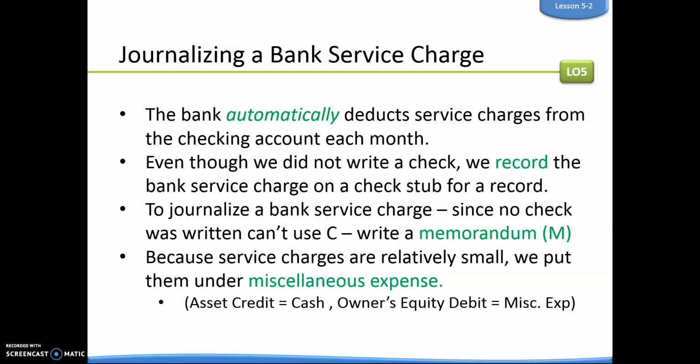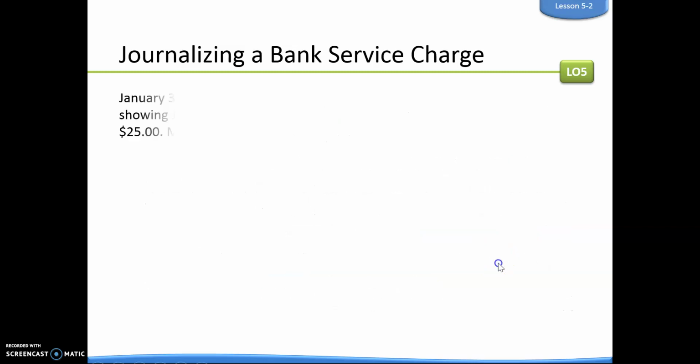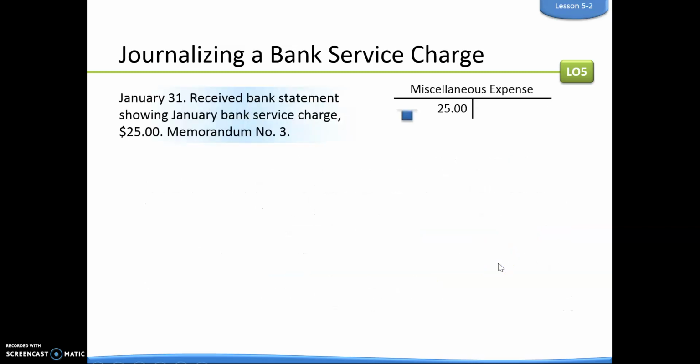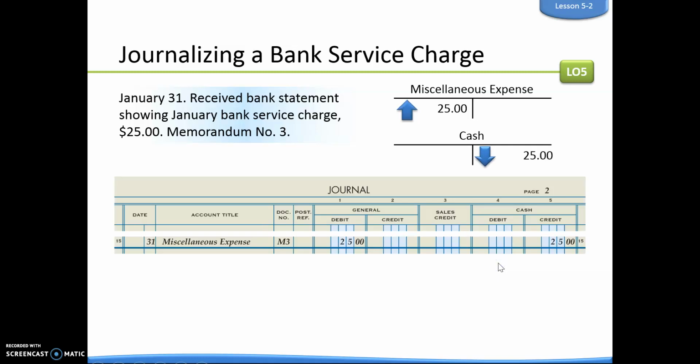Remember, though, that we never wrote a check for this, so we can't use a C. Instead, we're going to use a memorandum or an M. Typically, because service charges are so small, we put them under miscellaneous expense. So miscellaneous expense is going to be debited, and cash is going to be credited. And we're just going to plug that into our journal like we would any other transaction.